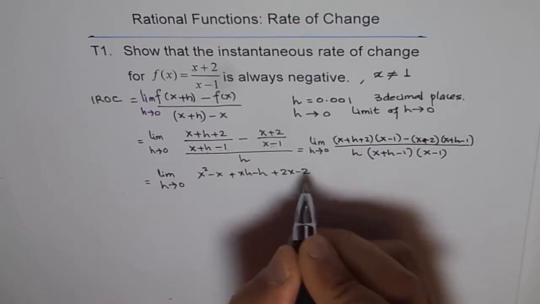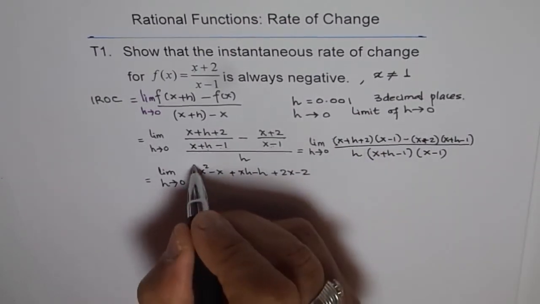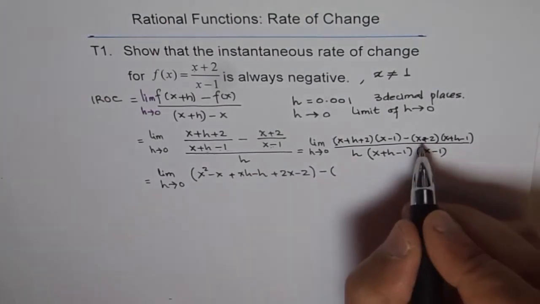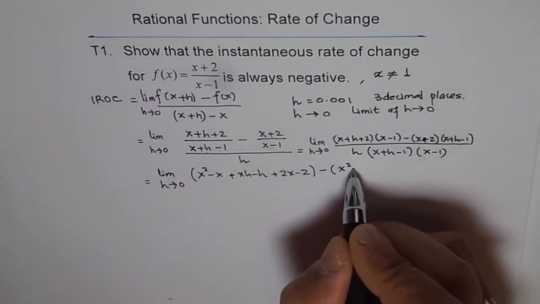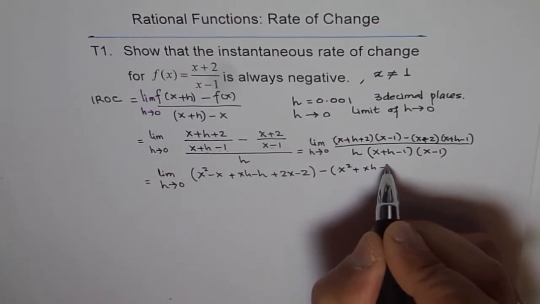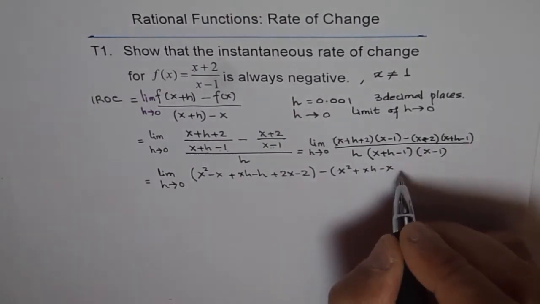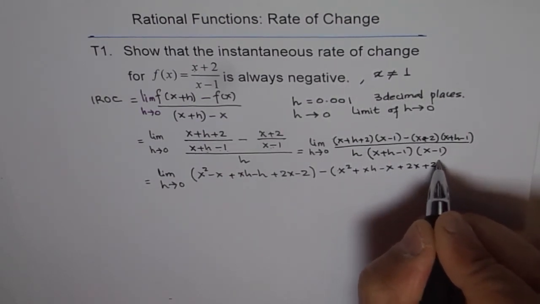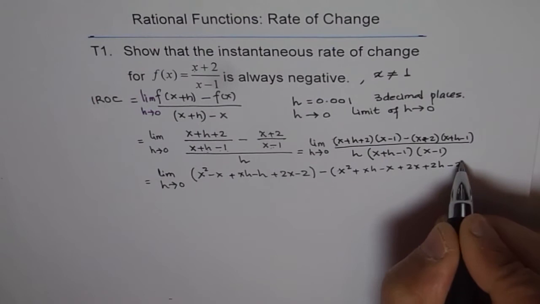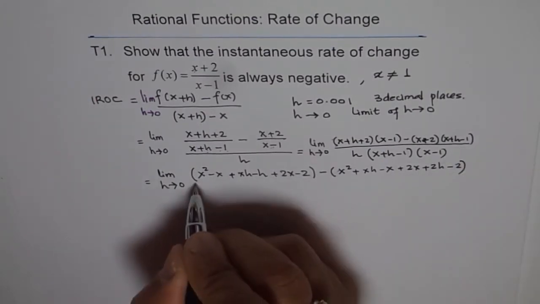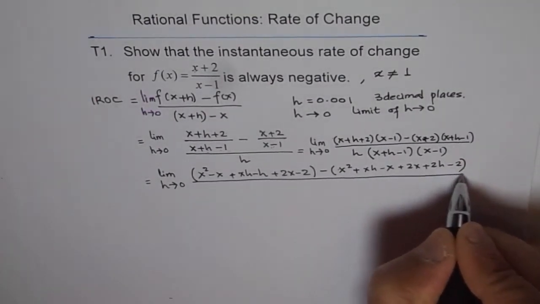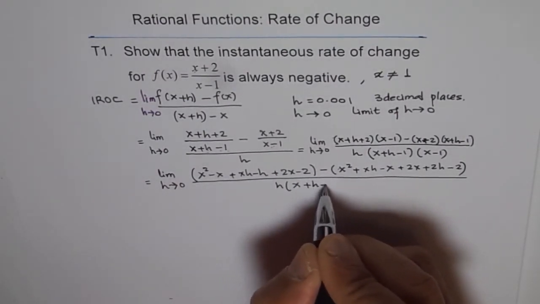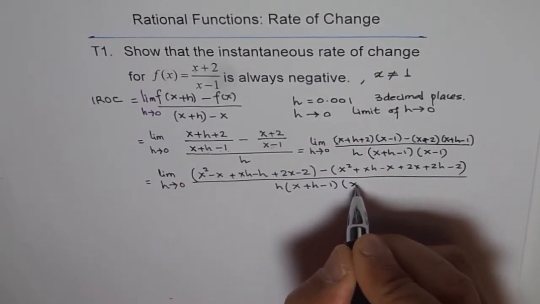So this is for all these, right? And then I've got minus of all this: x times x squared plus xh minus x. 2 times all this will give me plus 2x plus 2h minus 2. Correct? And in the denominator I have h times x plus h minus 1 times x minus 1.